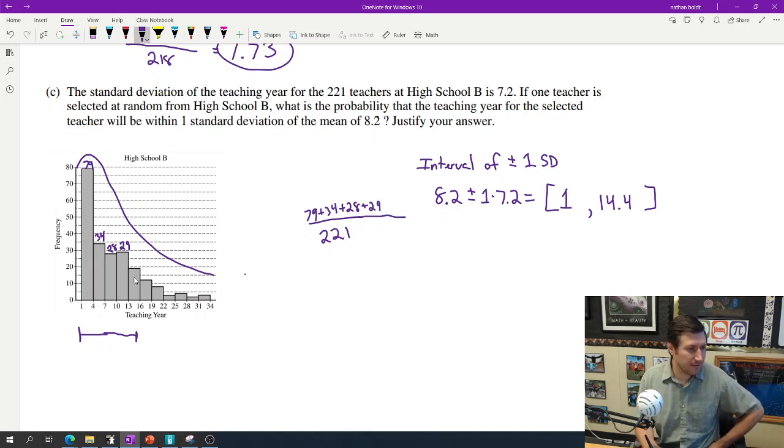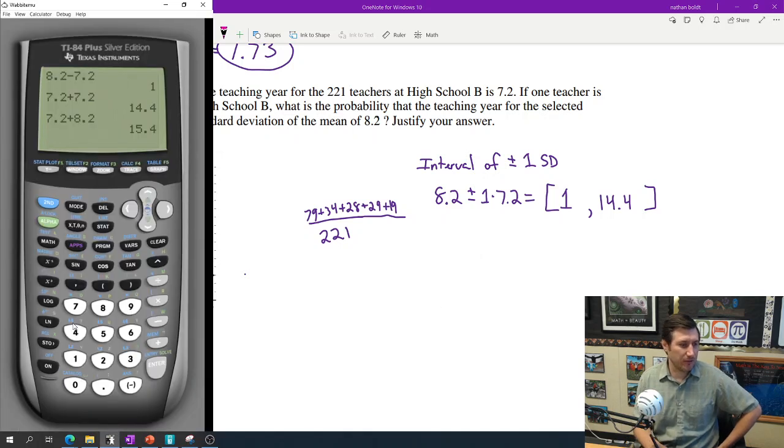And the last one here, call that one 19, I'd say. There we go. So we're going to add those up, divide by 221, and that will give us the total probability of randomly selecting a teacher within one standard deviation. I might as well do that. I don't know if you actually need to add them all up.